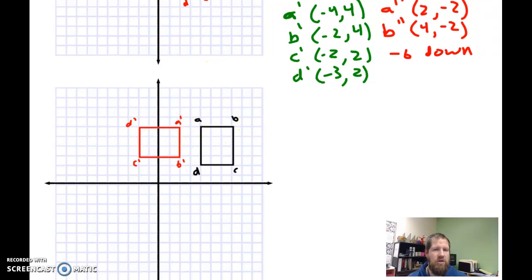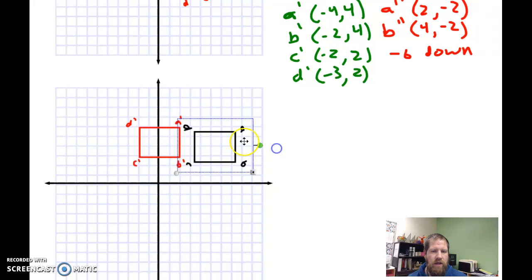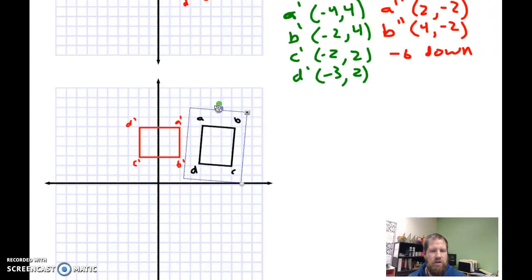It looks like I actually do have a rotation, and if I turn this, I can see, yeah, actually my A prime and my A line up, my B prime and my B, C and C prime, D and D prime. So it looks like I had a rotation of 90 degrees clockwise. Okay? And that's really the only thing that's going to get my vertices to line up in the way that they do.